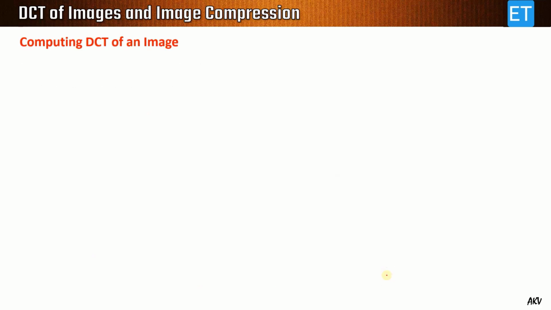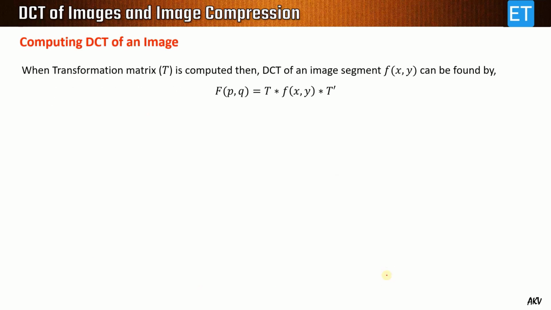Once this transformation matrix is computed, you can find the DCT coefficients of that image segment by this equation. Here you can see that this is your image segment. So this is your image matrix, multiplied with this T matrix, then multiplied with this T transpose matrix.